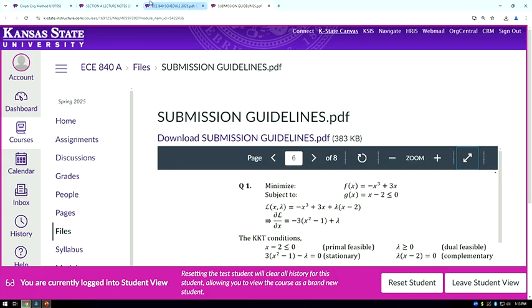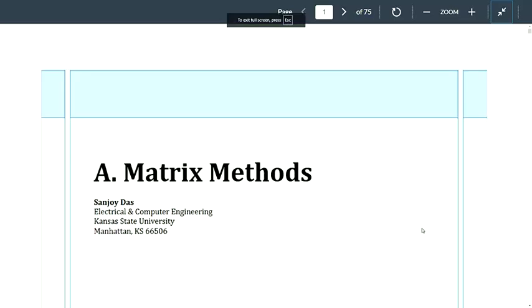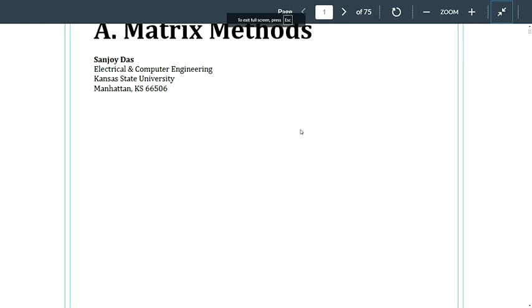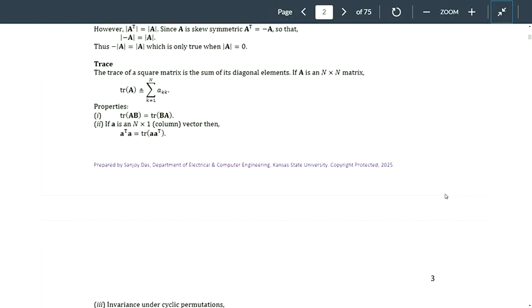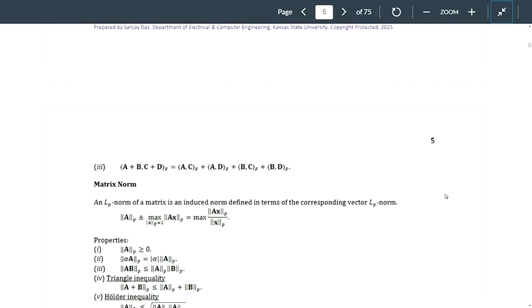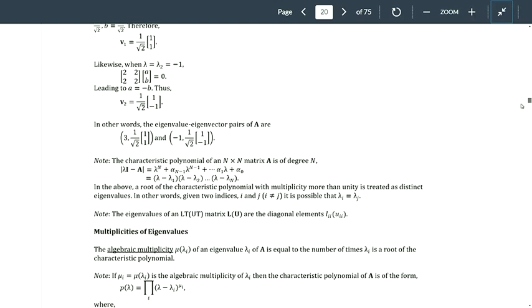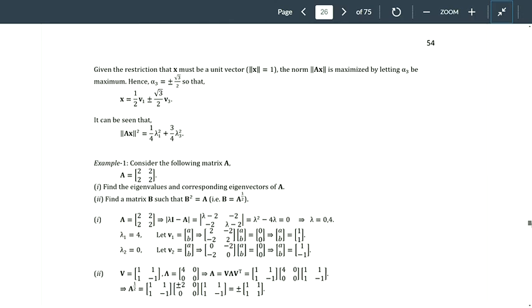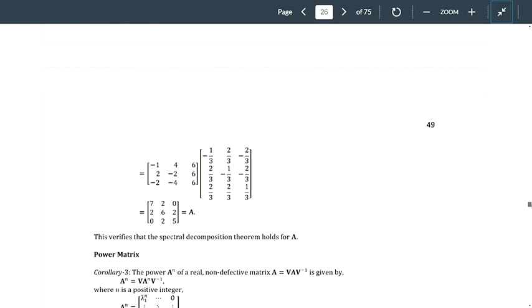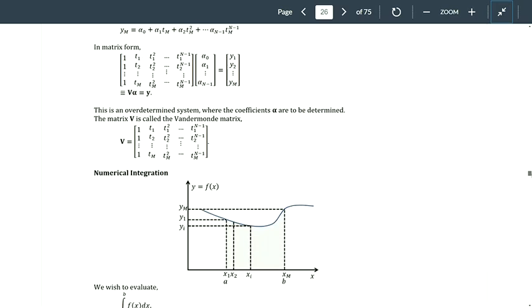Okay, so now I told you that we have extensive lecture notes on everything. So section A, these are the lecture notes. How many pages? 75 pages. All written by me. Actually there's a lot more than 75 pages. I deleted some, I'll be adding some more stuff, and the ones that we won't cover, I'll delete, or I'll just keep them for your reference.